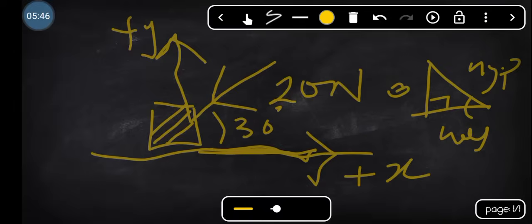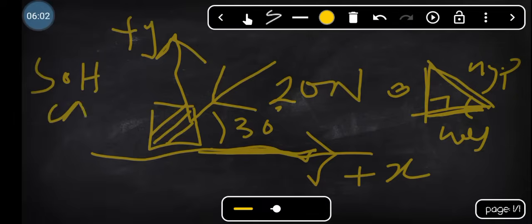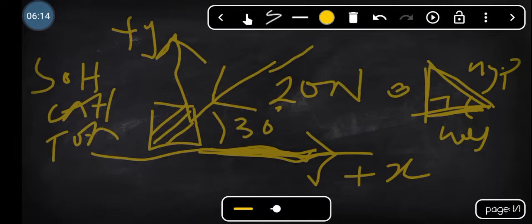Let's call the opposite O. Before we can resolve the force into the horizontal or vertical component, we need to complete the triangle such that this place is the hypotenuse, this vertical side is the same as this place, and this side is the horizontal.